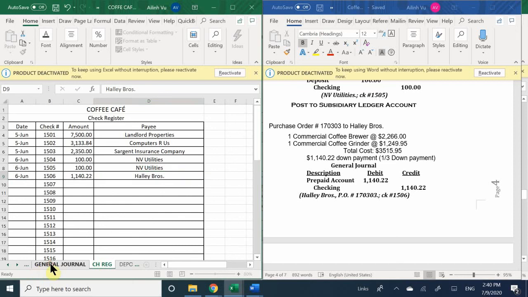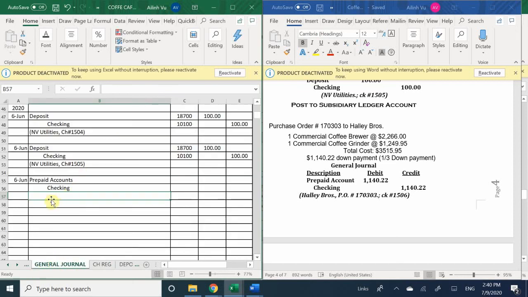Then I'm going to go back to my journal and indicate that the total amount for Haley Bros was $3,515.95. That's their total amount of invoice, but that's how much my PO is going to, that's my estimated amount. I still haven't calculated whatever extra charges and fees that they have.